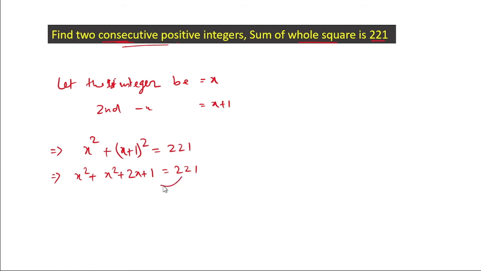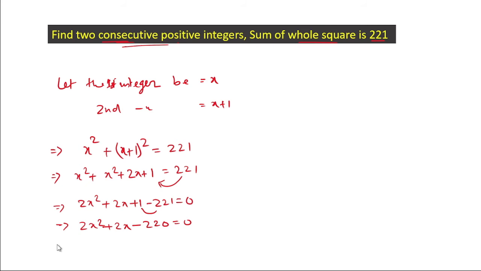Now we'll write 221 on this side. It will be x square plus x square, 2x square plus 2x plus 1 minus 221 is equal to 0. Here 1 and 221, so we can write 2x square plus 2x minus 220 is equal to 0.